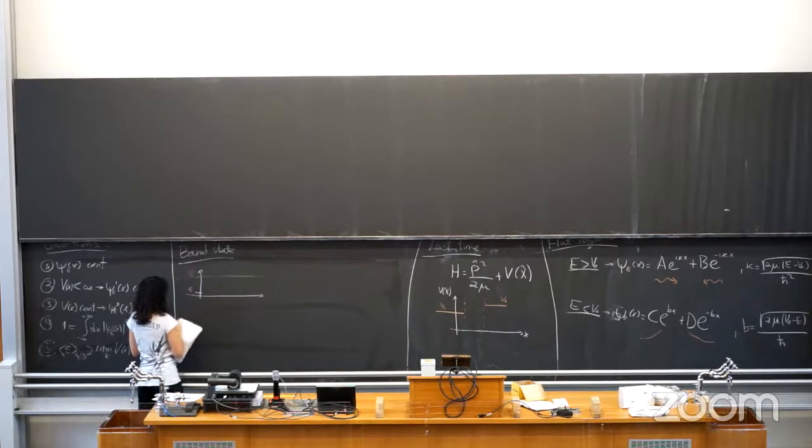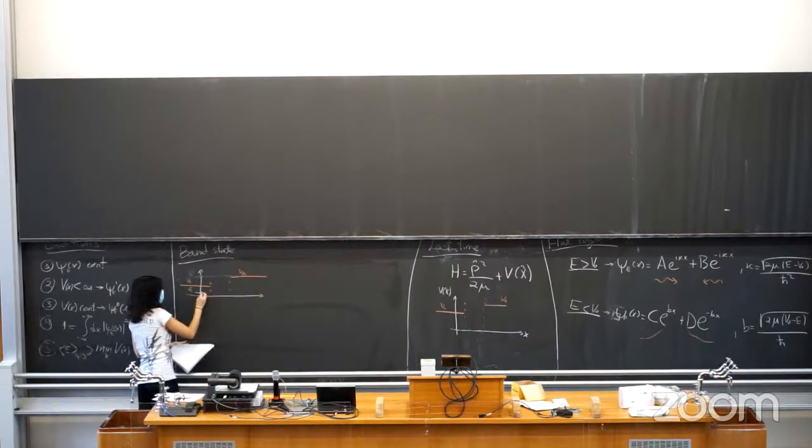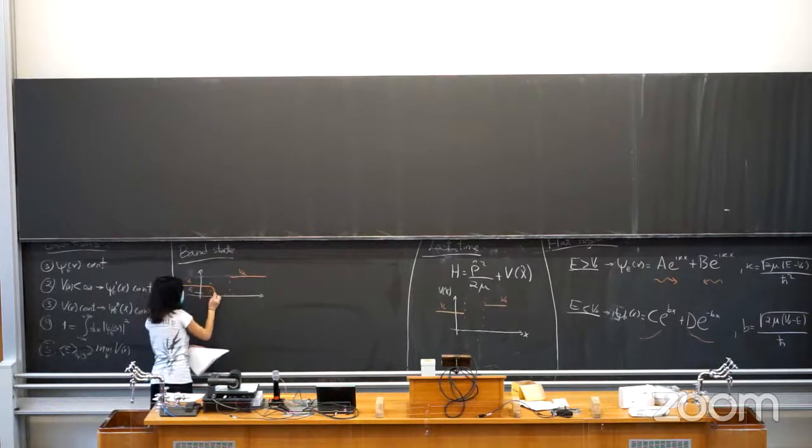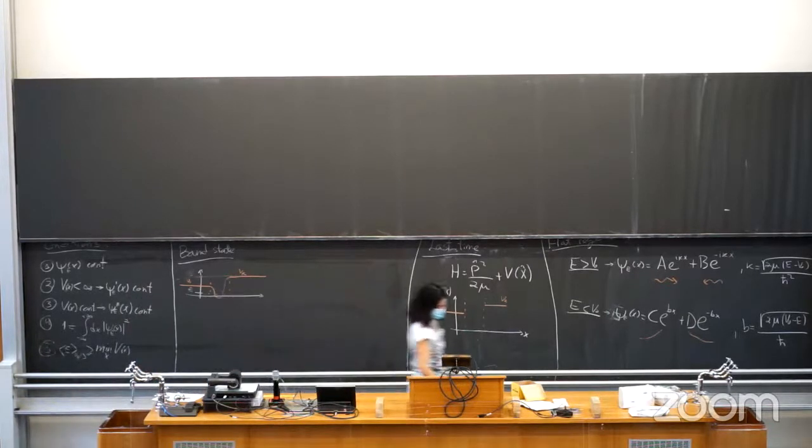If I have, for example, a potential like this, and we don't know what happens right here, the energy of my particle is down here. One thing we know is that this potential must come below this energy, otherwise this would not be allowed. But inside here, anything could happen. And then we saw that the wave function in this case is just decreasing in both directions.